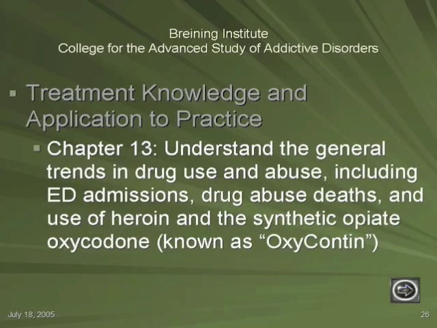Chapter 13, which starts at page 149, includes a lot of statistical information about illicit drug use and abuse. You will not have to memorize each specific percentage, but you should know the relationship generally between the nature and the types of drug use, including alcohol, and how those relate to emergency department episodes.